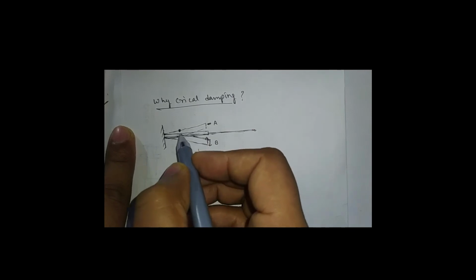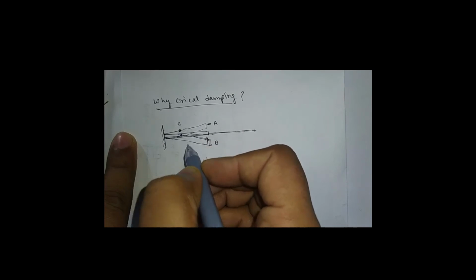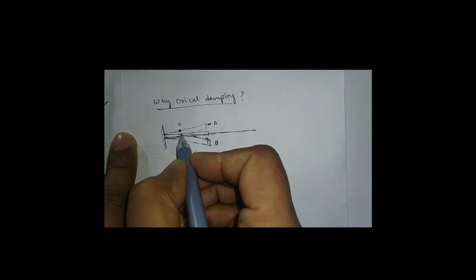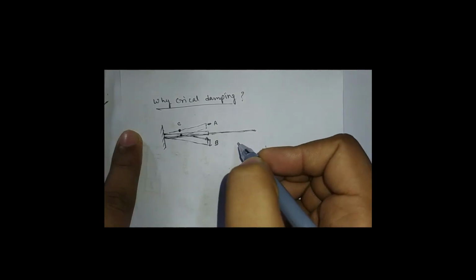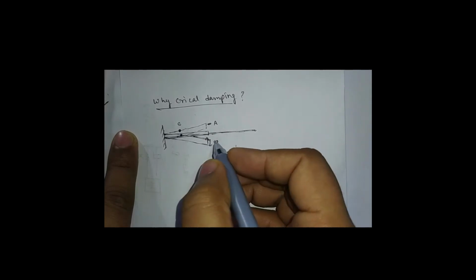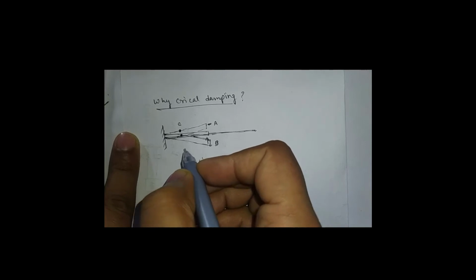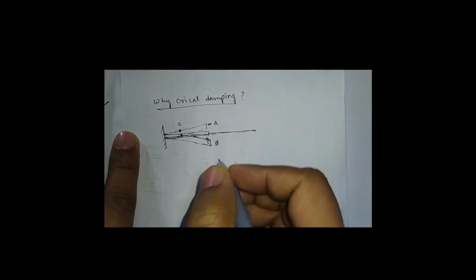So the beam will be under cyclic loading. This loading may cause the beam to undergo fatigue, which we don't want for any structure, because most structures fail because of fatigue.